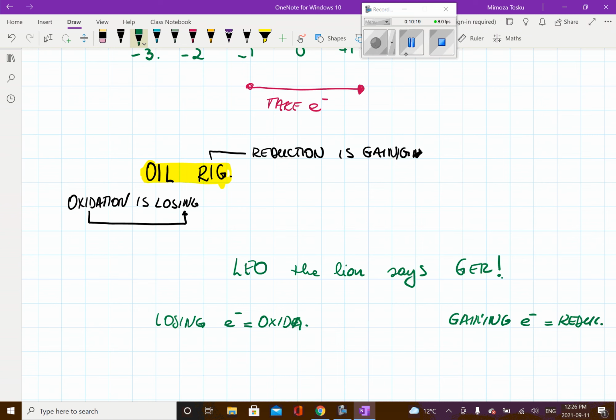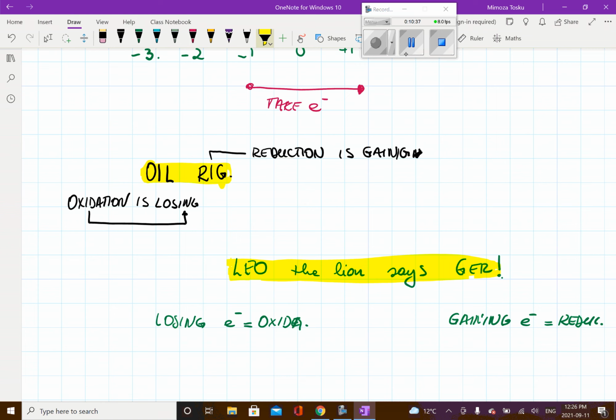Okay, so any of them, whatever makes you remember that losing electrons is oxidation and gaining electrons is reduction, you use it, one of the two.